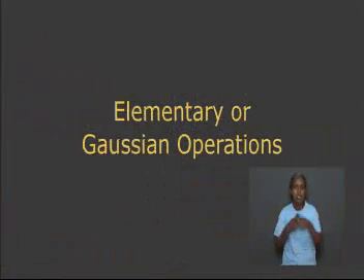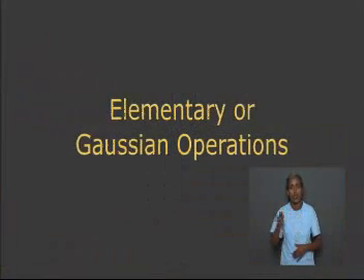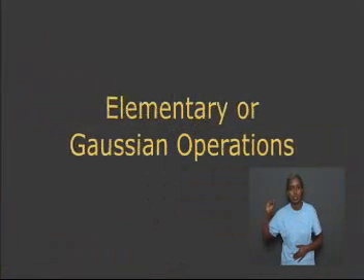In order to change a system of equations into an equivalent system, we can use any of the following 3 operations. These are called elementary or Gaussian operations.